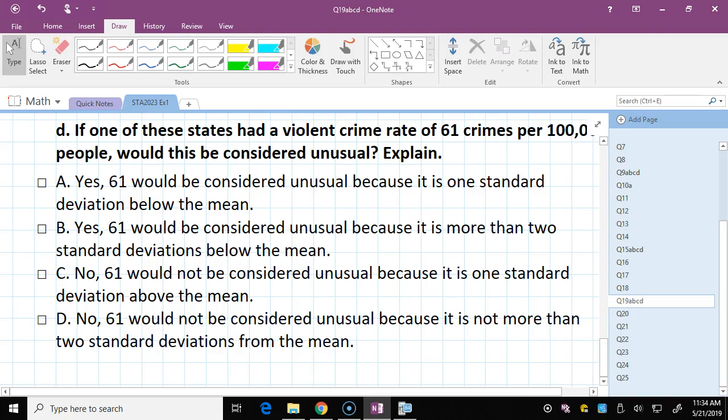Why? It's below two standard deviations, right? So we just need to find the yes that says it is more than two standard deviations. So it's B. Perfect. Cool beans? All right.